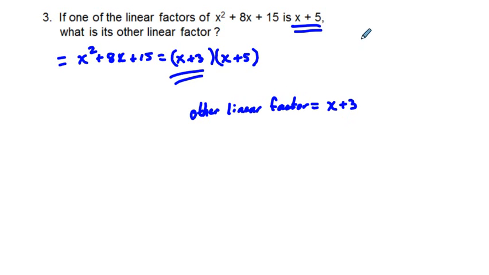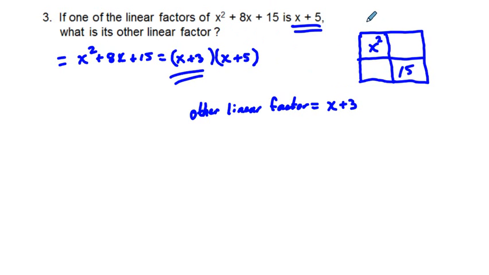And then you can use a box method also. If you take a box like this, a square, and set it up as a 2 by 2, you take this x squared and put it in the upper left box, and the 15 in the lower right box, and you know that one of the factors already is x plus 5. You can write that right on top.